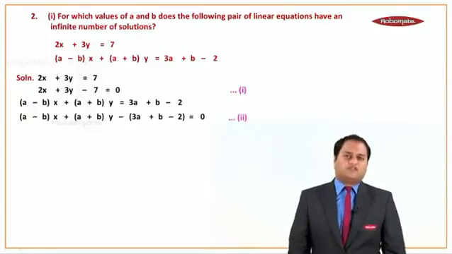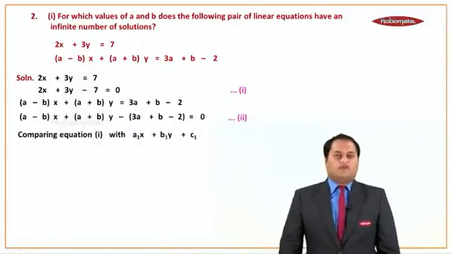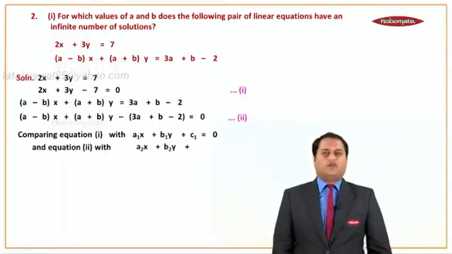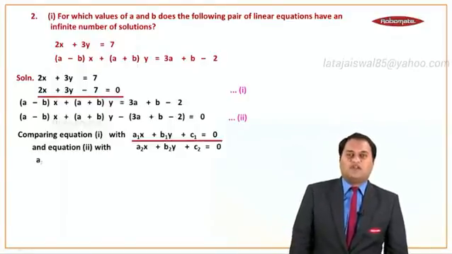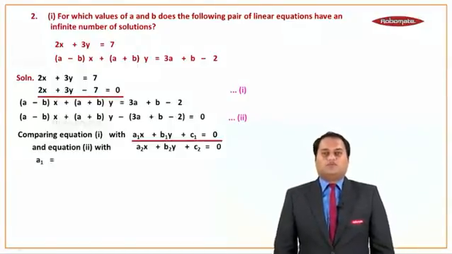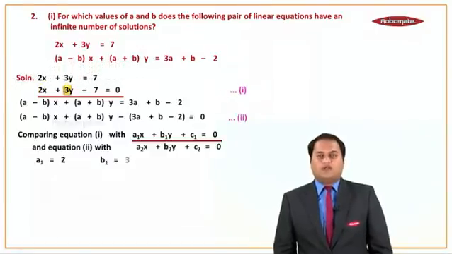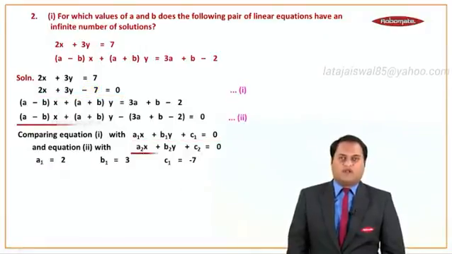After getting the equations in the standard form, we compare equation 1 and we get the values of a1, b1, c1. Then comparing equation 2 with the standard form, we get the values of a2, b2 and c2. Let's find a1, b1 and c1 first. a1 is equal to 2, right? b1 is equal to 3 and c1 is equal to minus 7, right?